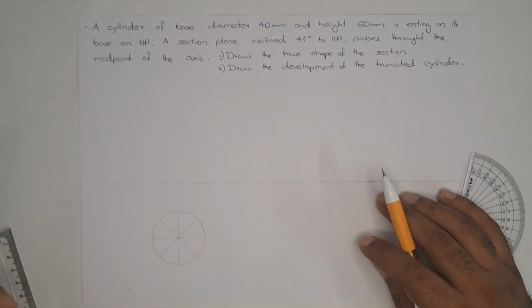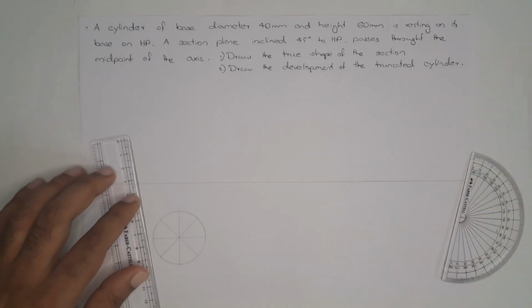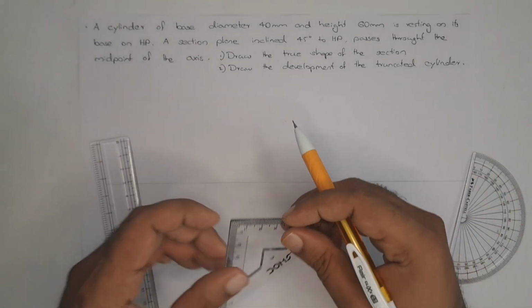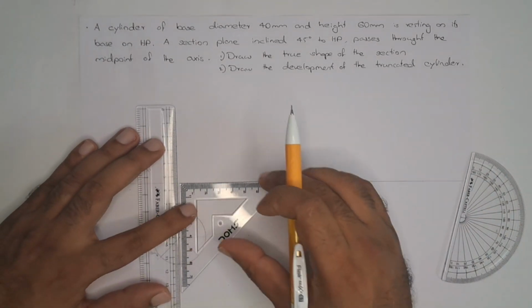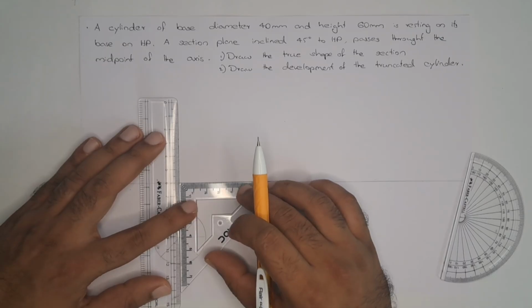So we mark the 8 points. Now we can draw the front view.